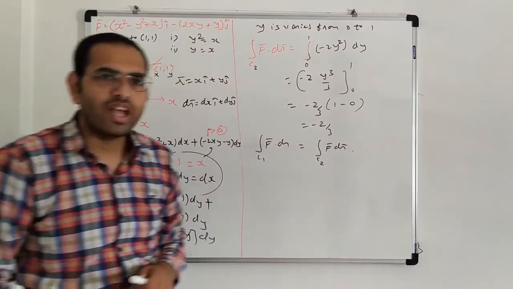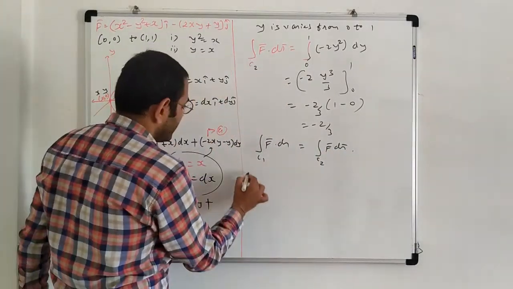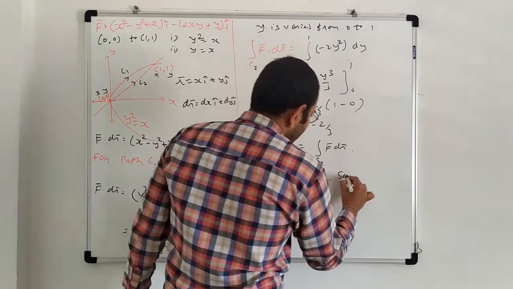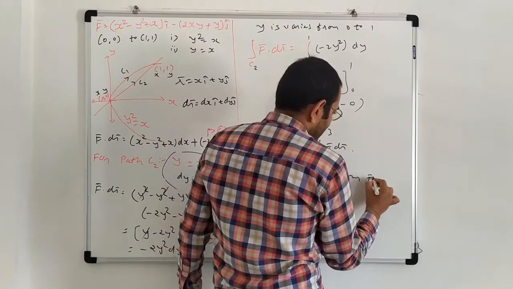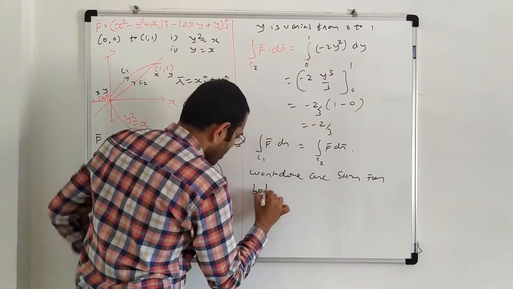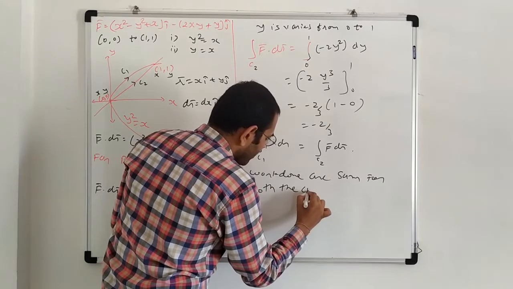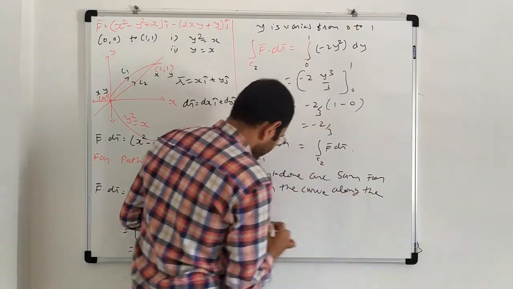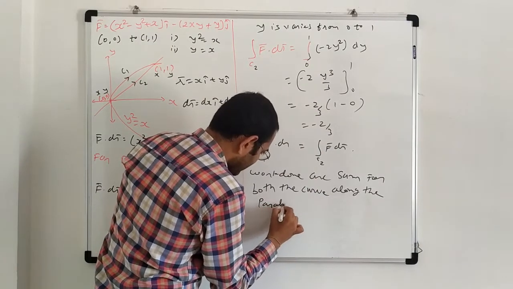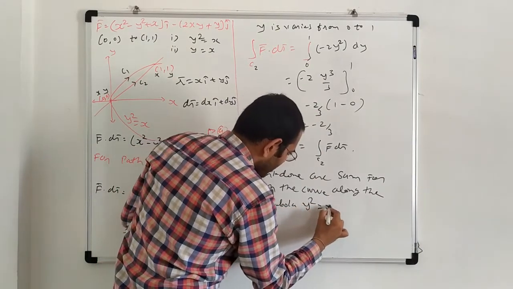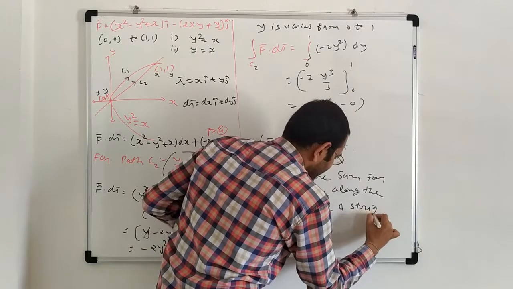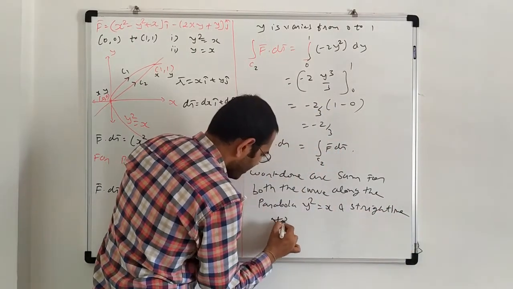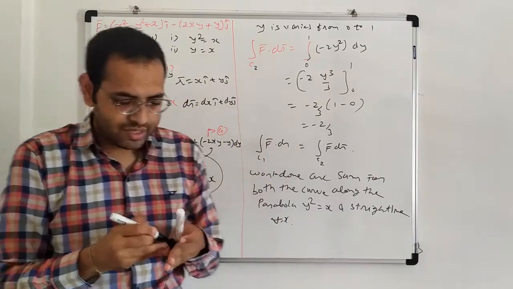Then in this example, the integral over C1 of f bar dr is the same as the integral over C2 of f bar dr, which means we can say that the work done is the same for both curves, along the parabola y square equal to x and the straight line y equal to x.